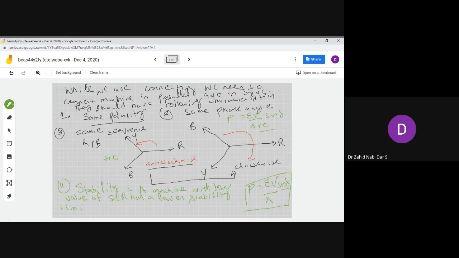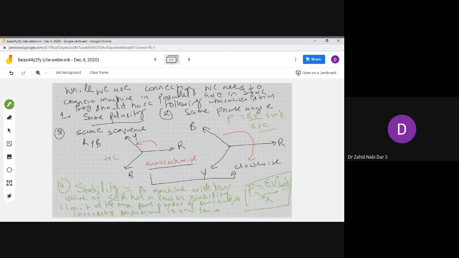Why is it so? The maximum power output of the machine is inversely proportional to reactance. From this particular formula, the maximum of P is equal to EV/X, so it is inversely proportional to it.